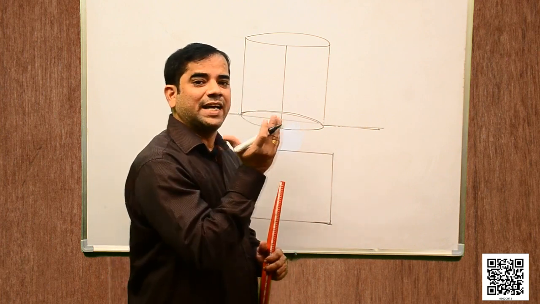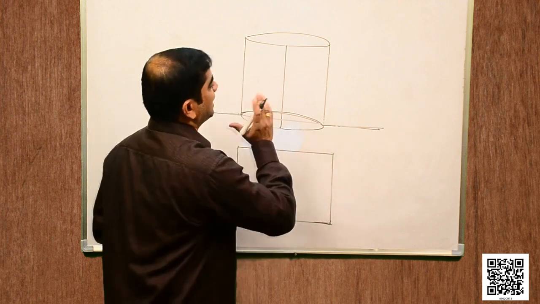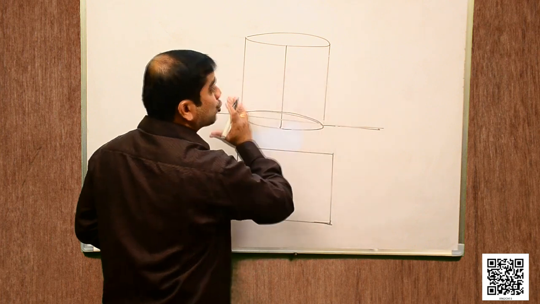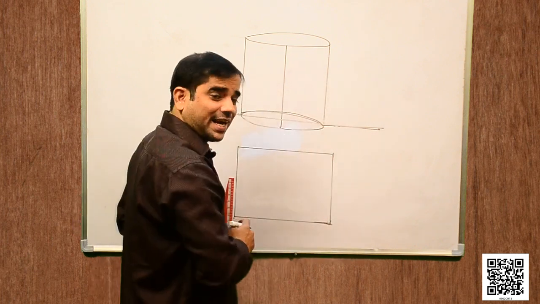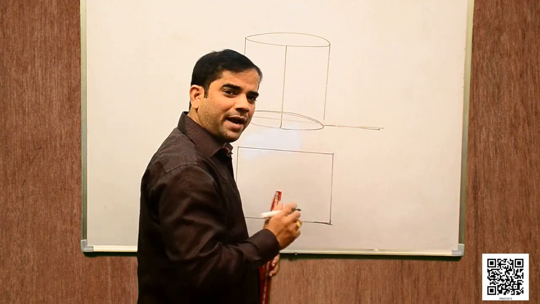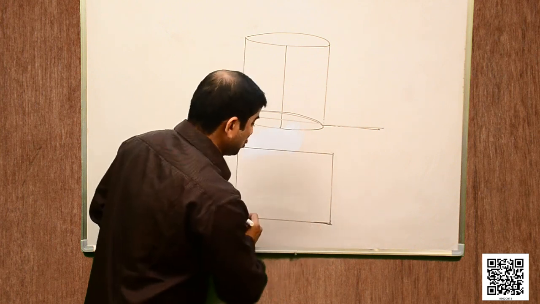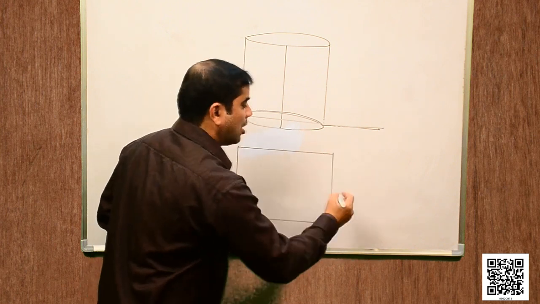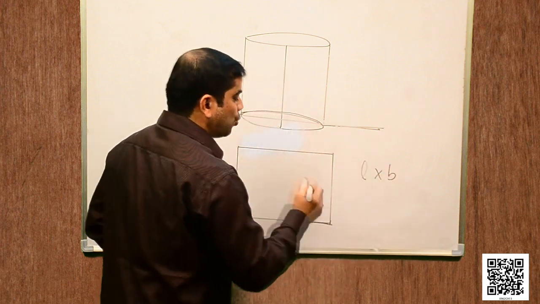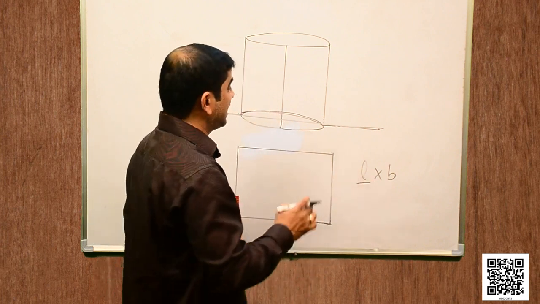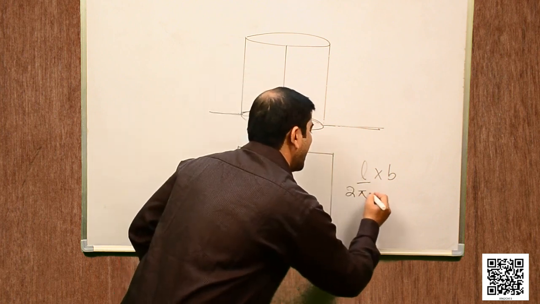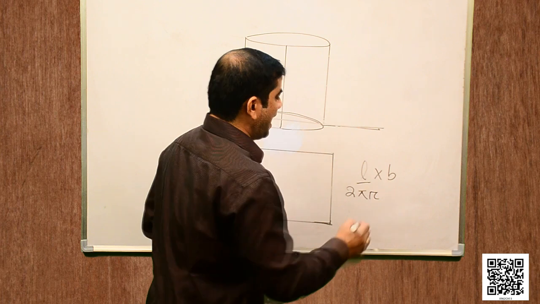So curved surface area of the cylinder. Now just imagine, the curved surface area is opened up to form a rectangle. So the curved surface area of the cylinder should be the length into breadth of the rectangle, which is the area of the rectangle. So what is the length? Length is the circumference of the circle, which is denoted by 2 pi r. And what is the breadth?